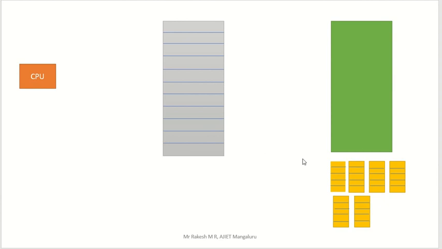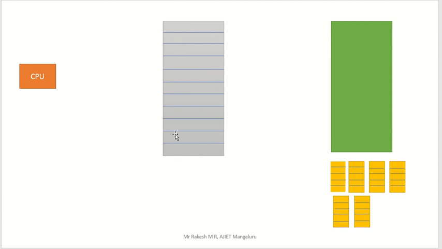One advantage is, see here, if this process size is 200 KB and the entire memory size is 100 KB, then also we can move this process inside this. How we moved is a different matter; we moved only one page here. But here the CPU thinks that all processes are there inside main memory.